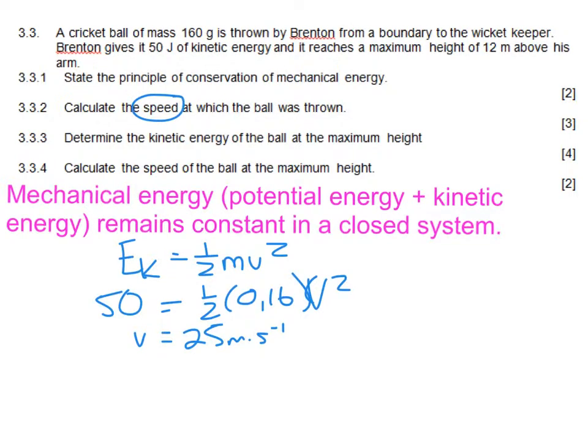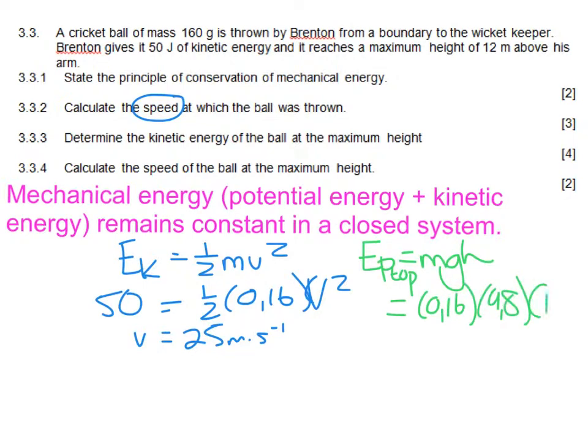Determine the kinetic energy of the ball at the maximum height. So first let's look at the potential energy of this ball at the maximum height. EP is equal to mgh, and this is at the top. That's equal to 0.16 times 9.8, and they've told me a height of 12 meters. That turns out to be 18.82 joules.